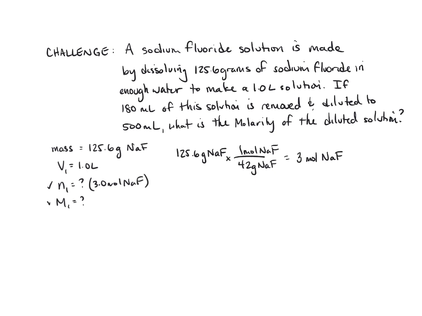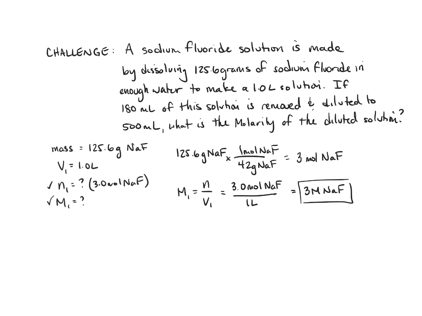So now we can solve for M1. M1 is equal to N over V1, so that is equal to 3.0 moles of NaF all over 1 liter, which is equal to 3 molar NaF. So that's our first solution. Now let's read the second question.